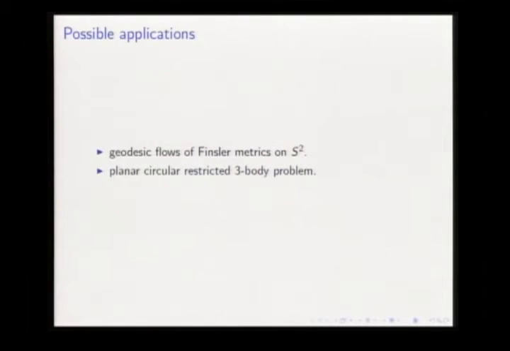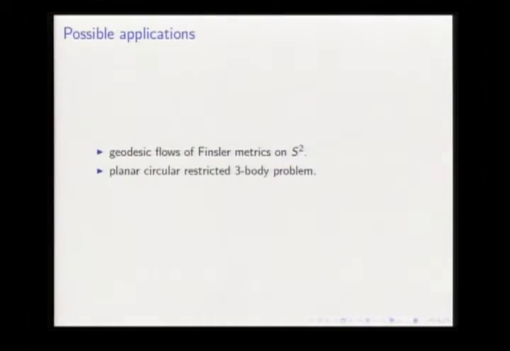Okay. So let me just give 2 examples to where we could apply this theorem, which is the following. Geodesic flows on S2, and possibly the planar circular restricted three-body problem.